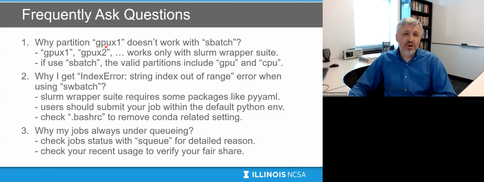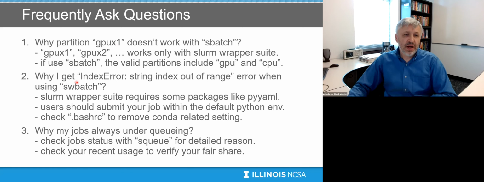So when you type in your SWbatch script GPU X1 for partition name, for SBatch's purpose, it will be GPU partition. It's just a shortcut that also embeds not only the partition name, but also the execution environment parameters as well.